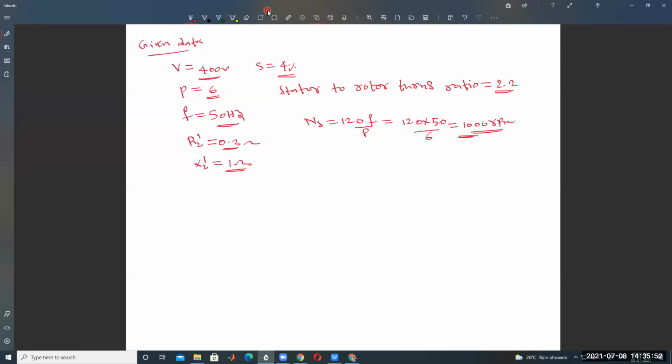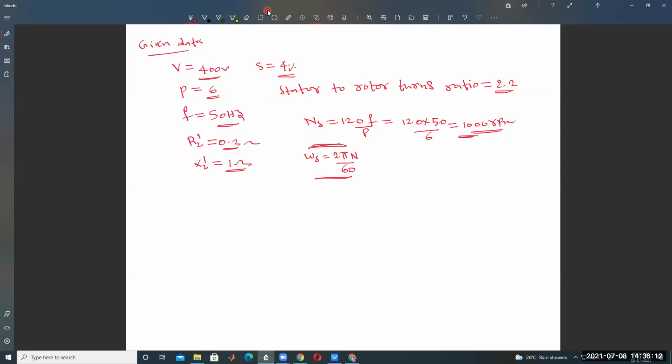Okay, how to convert RPM to radians per second? That means 2 pi N divided by 60, from this relation. Am I right? Yes, sir.